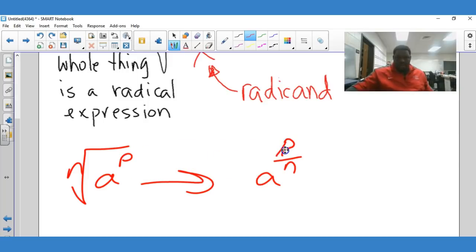So make sure you remember this. A to the P over N. Your power is your numerator. Your index is your denominator of the exponent, okay?